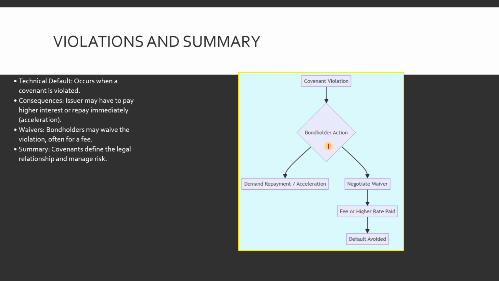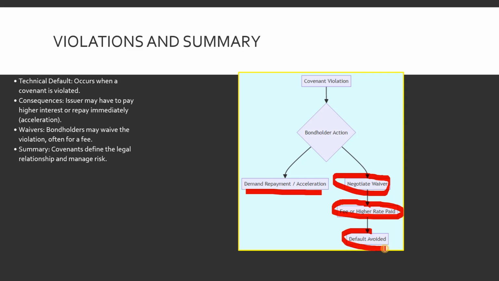One path is a drastic demand for repayment and acceleration, and the common path is negotiation, where a waiver happens, which leads to the issuer paying a fee or a higher rate, resulting in the default being avoided in this situation.